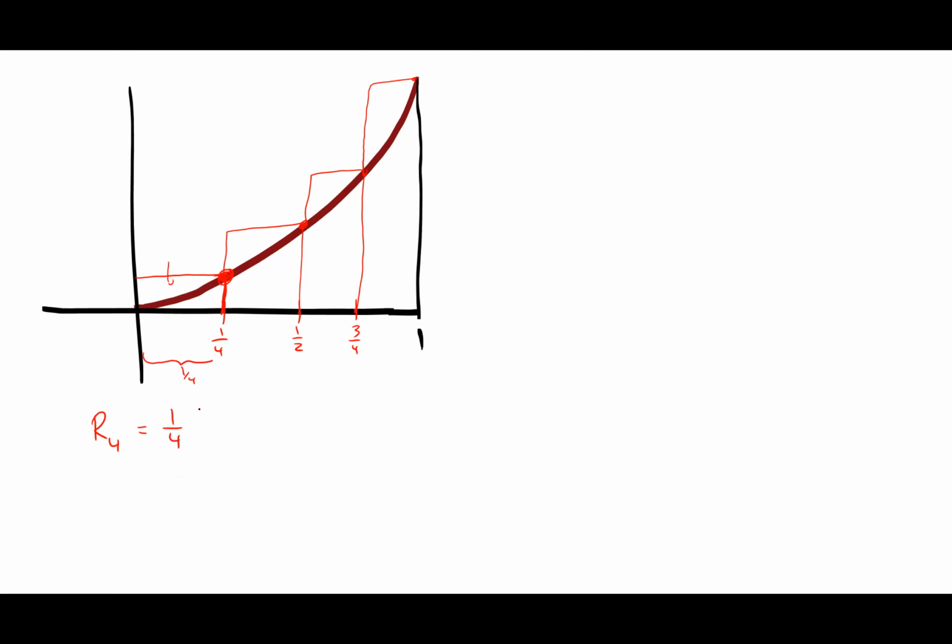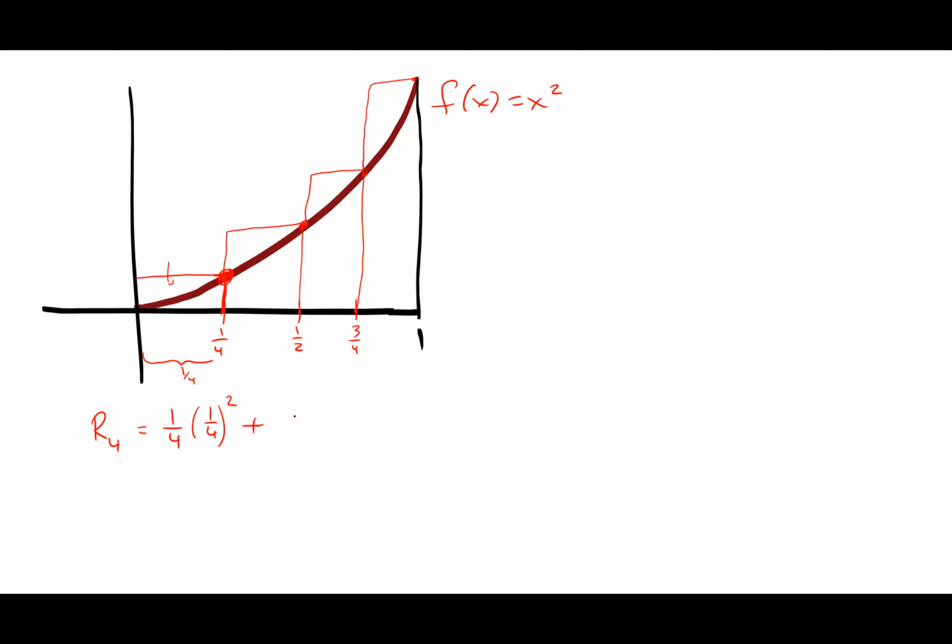And then I'm going to put my value, which is 1/4, and square it. Why am I squaring? Let me give you a clue. I'm trying to get my height, right? To get my height, I just need to plug an x into my function.